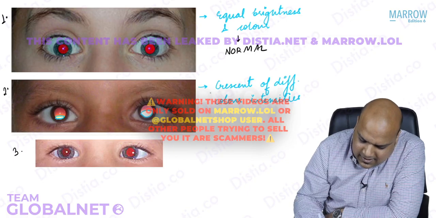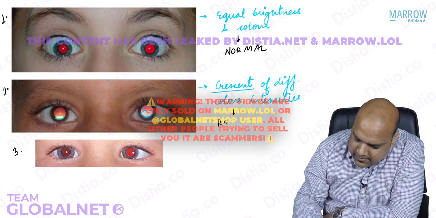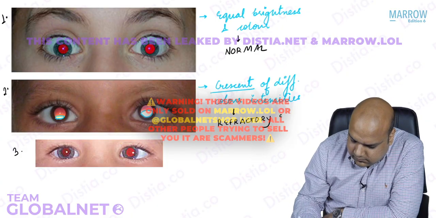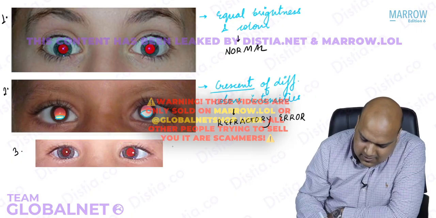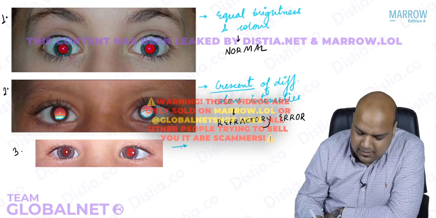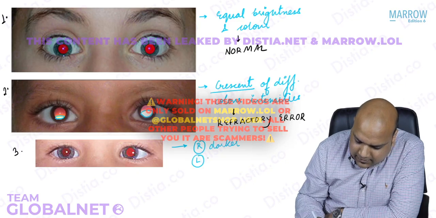If you see such crescents, then the diagnosis becomes refractory error. Okay. And lastly, if you see this image, what do you see? That the right eye is darker and the left eye is brighter.